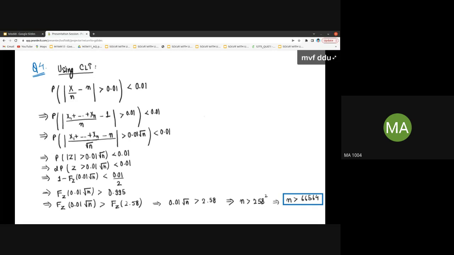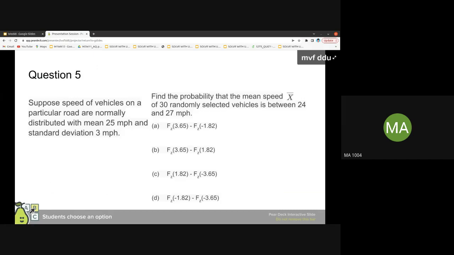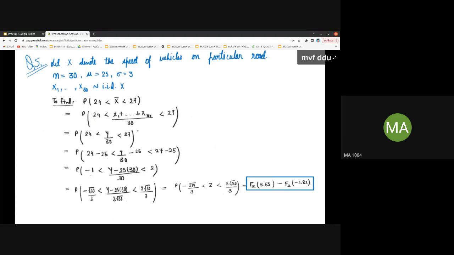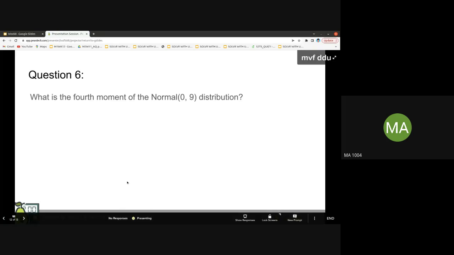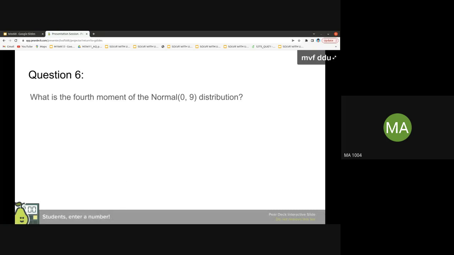Once you bring it in, you will get the answer. You just try it after, and this also is easy. First try this 6th question. If you are done with this question, then we can go back again. So what is the 4th moment of the normal 0-9 distribution?